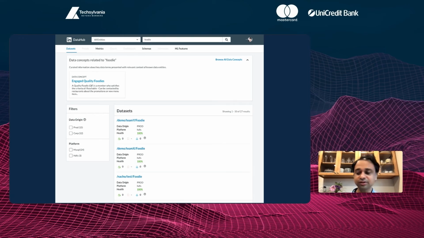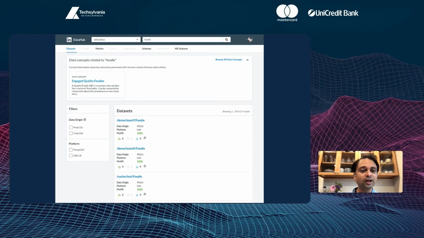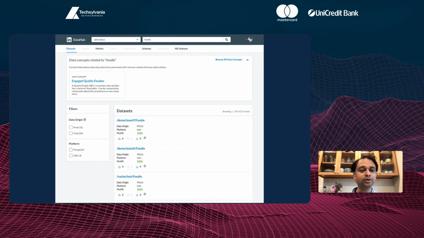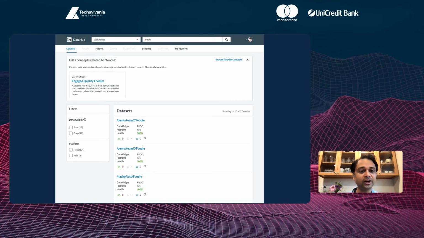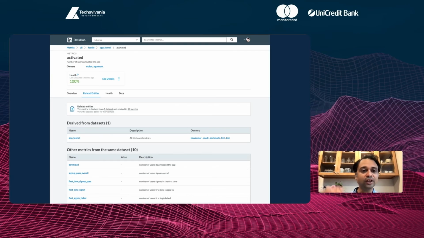These are some quick snapshots that I had, but it might be easier for a lot of you to just check it out online. These are basic user experiences that you would get through DataHub. You can go search for a data set and you see this listing of data sets. You can click on the data set itself.